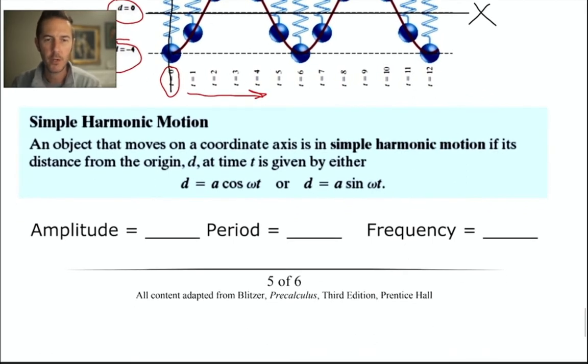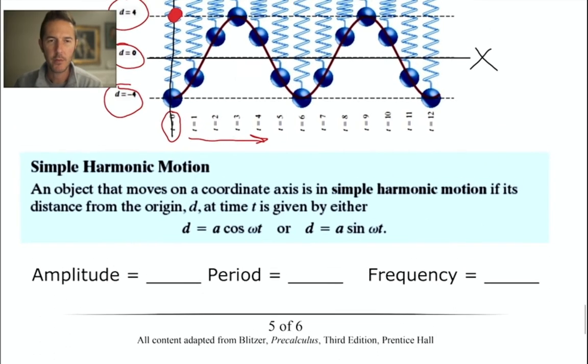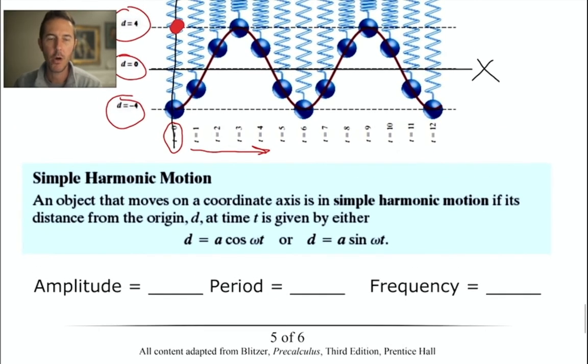But first, let's take note of a couple of variations that we might see in notation. On the left side, instead of a y value, we're seeing a d value, and the d is the distance from the origin. You could also think of the d value as displacement, because the graph at the top of the screen right now looks like the ball is moving from left to right.